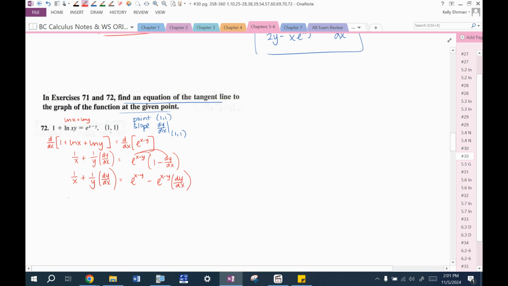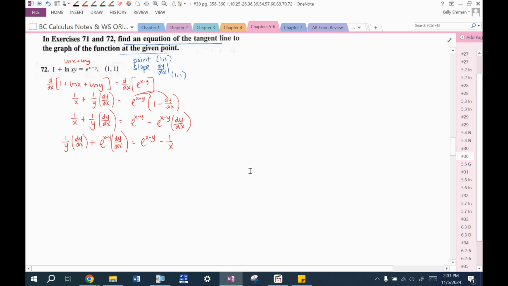I'm going to add this term over here. So the 1 over y dy dx is already over there. We're adding e to the x minus y dy dx. This e to the x minus y was already over here, and I'm subtracting 1 over x over.